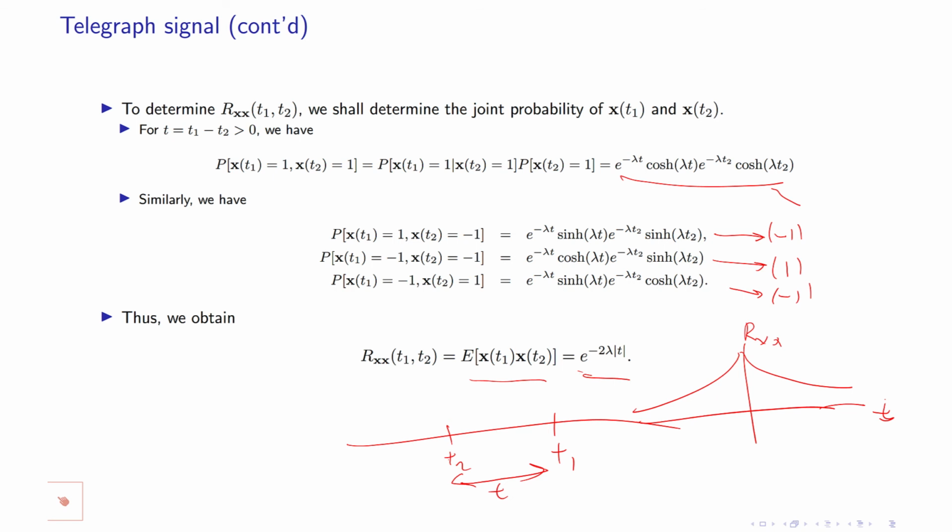So that means that the points x of t1 and x of t2, if times t1 and t2 are away from each other, become uncorrelated. And if they are very close together, they are highly correlated. Obviously, this binary signal toggles with higher probability if you have more intervals, because more points could potentially be there.